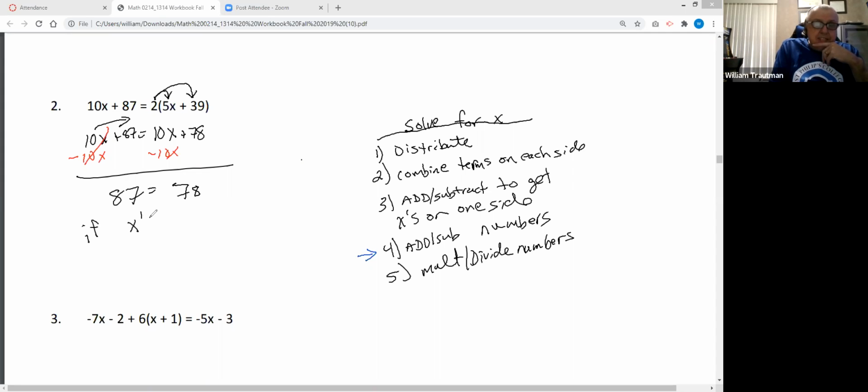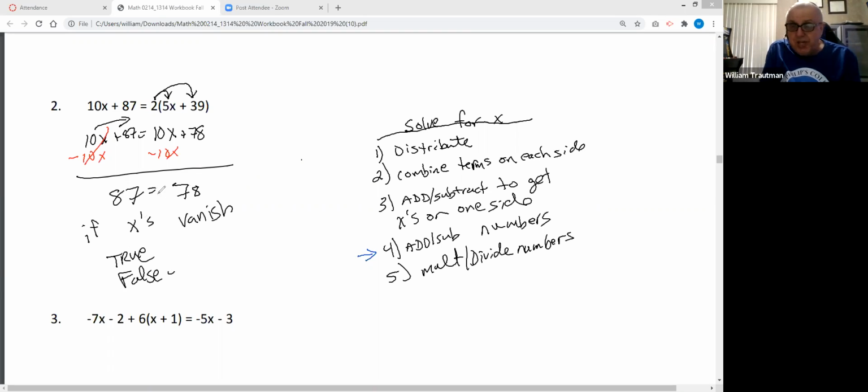If the x's vanish, the x's are gone. I have 78 equals 87. Is this true or false? 78 and 87 do not equal each other.